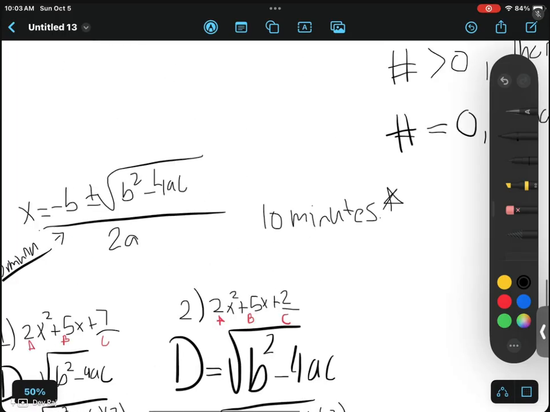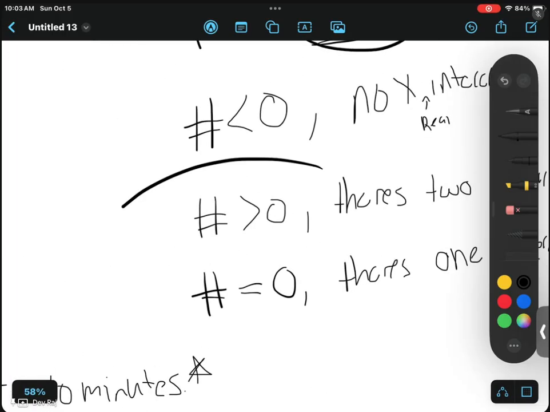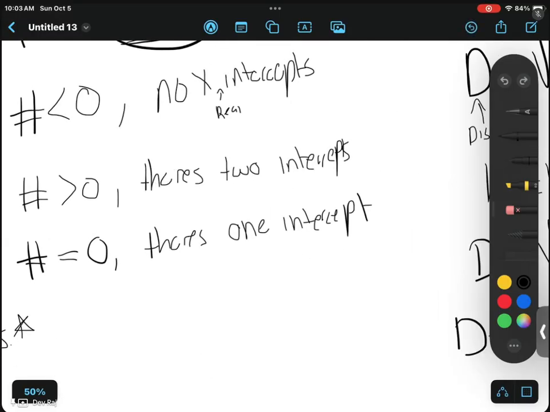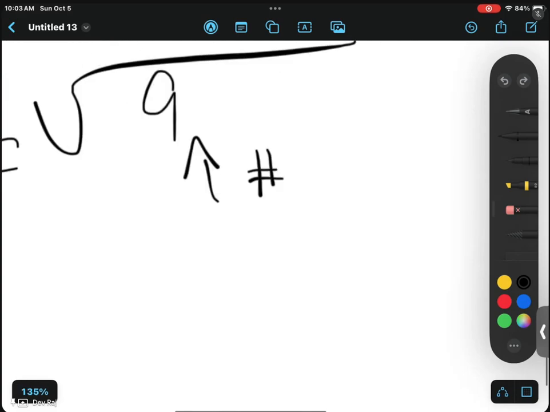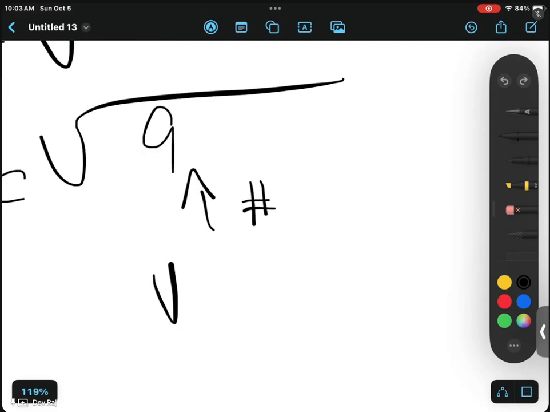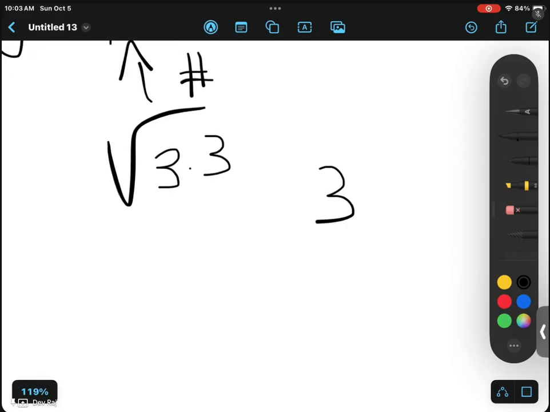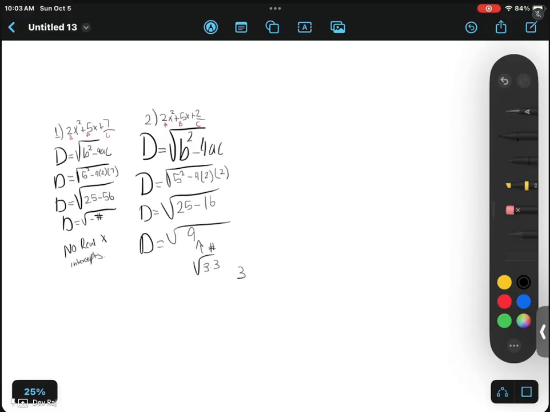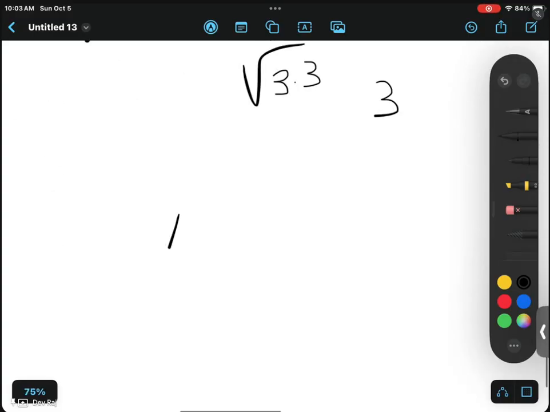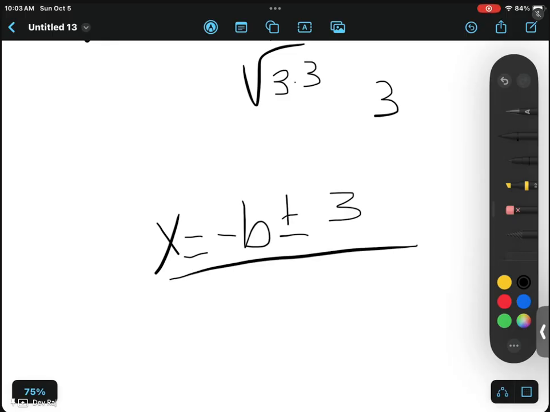But that one falls into this one. It's greater than 0. So we know there's 2 x-intercepts, right? And we know square root of 9 is just square root of 3 times 3, right? So we could take out a 3. Square root of 9 is just 3. So we know that the inside is 3, but we still have x equals negative b plus minus, well, we said this was 3, over 2a.